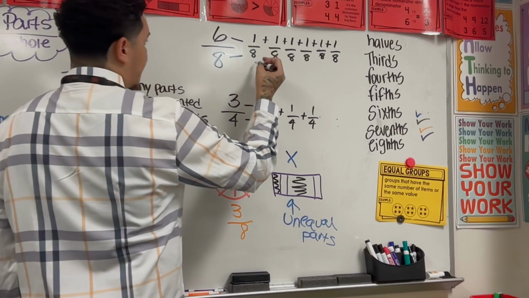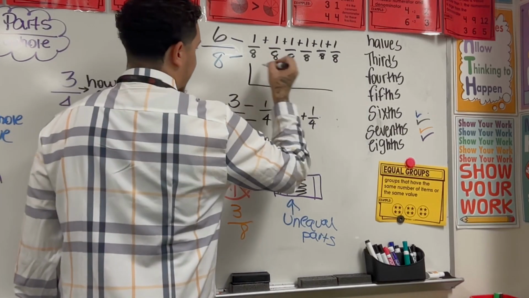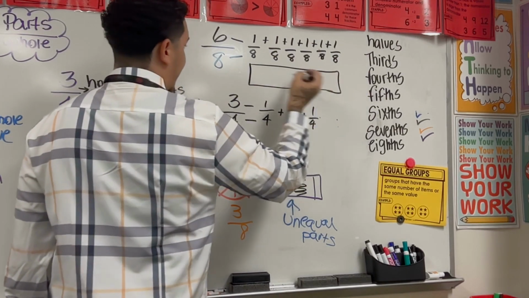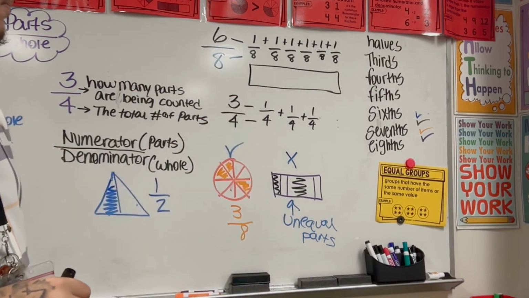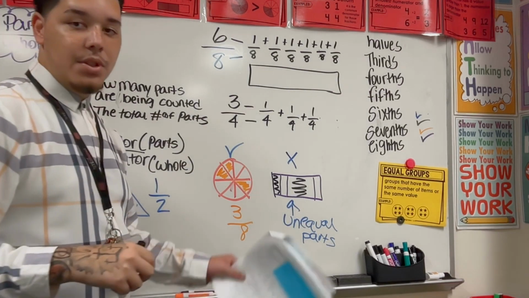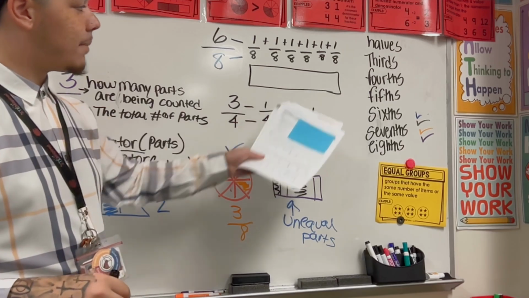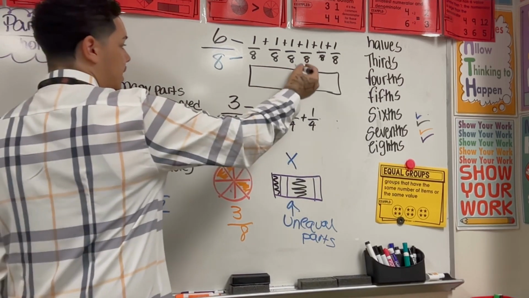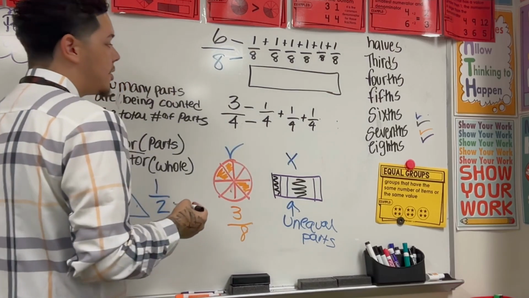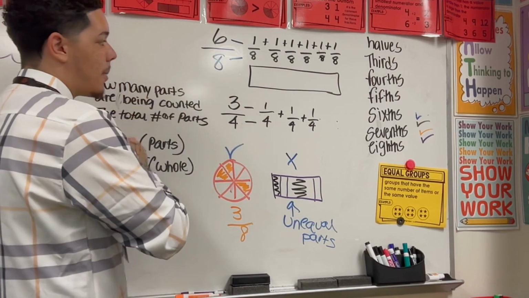Now, I want to model this 6/8. The way that I can do that, I'm going to draw how many total parts in this bar model? 8. Now, when it comes to using a bar model or using any type of rectangular model to draw parts, and you have to partition this box up, you want to make sure that you go one number back, and that's how many lines you draw.